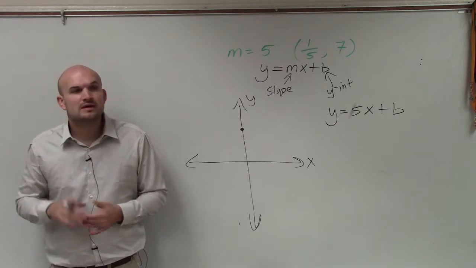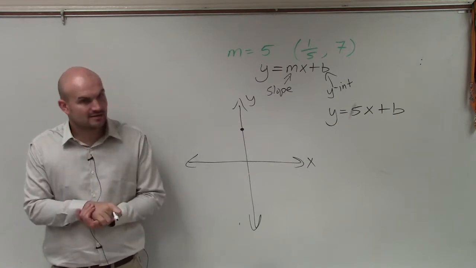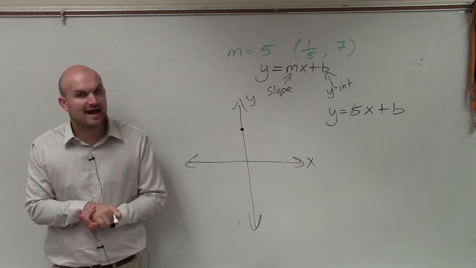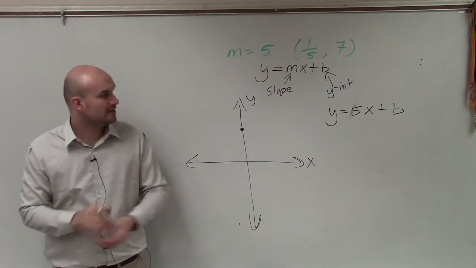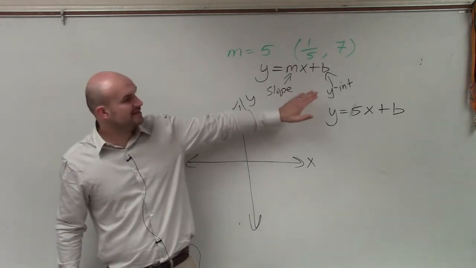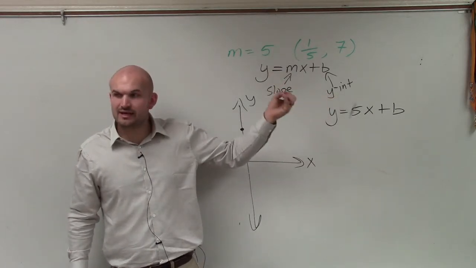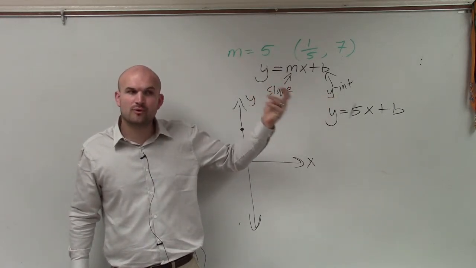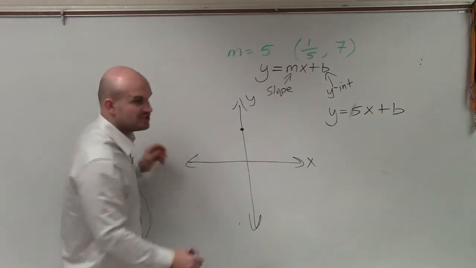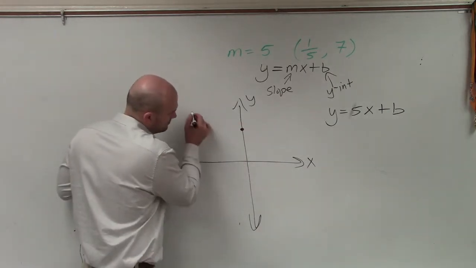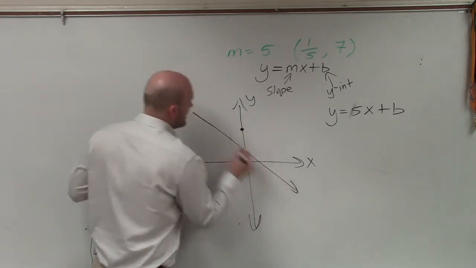Yes? OK. So now let's take a look at what information we have and what information we do not have. To write the equation of the line, we need to know what the slope is and what the y-intercept is. But what's really important about this, which I'll pick on Shelton, is I have a line.